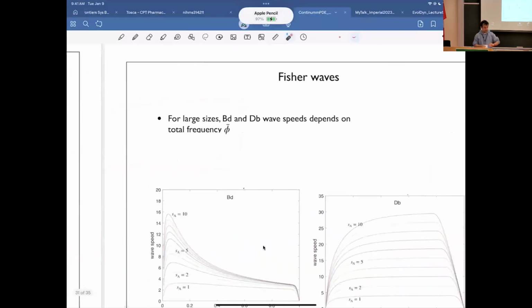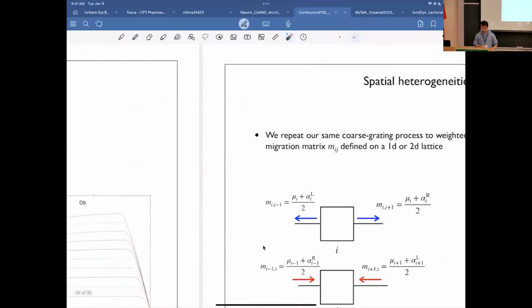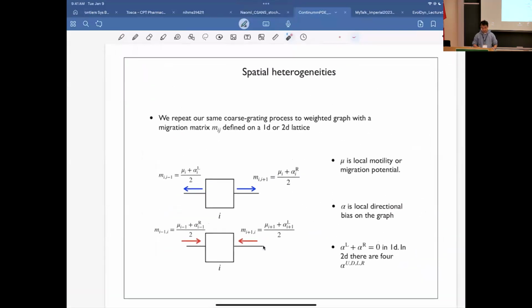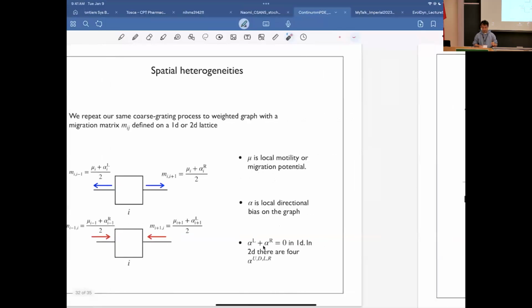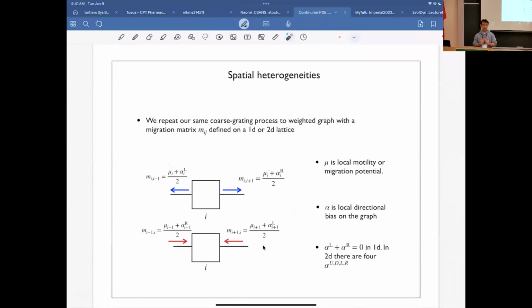One last thing, and then I'm going to finish: we can also introduce spatial heterogeneities. We can introduce left and right differences for migration, a kind of bias in one dimension, in addition to a general migration potential, whether a mutant is going to stay in that location or move out.